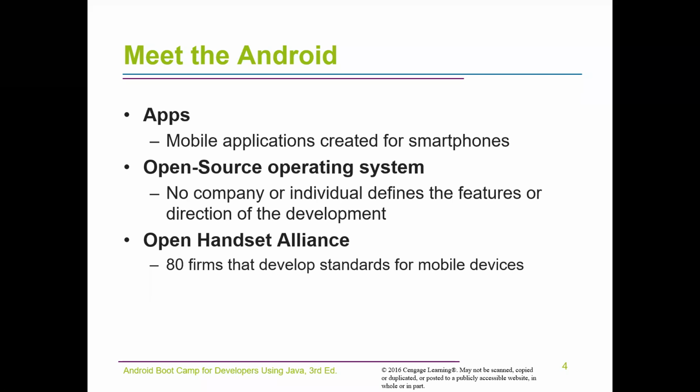But when we say Android apps, technically it's created as an application for smartphones. So apps refers to mobile phones. What are those mobile phones or smartphones? Those are the iPad, if it's iOS.